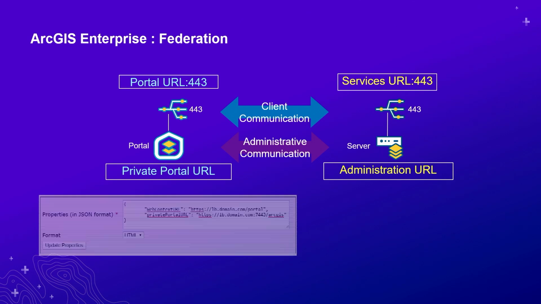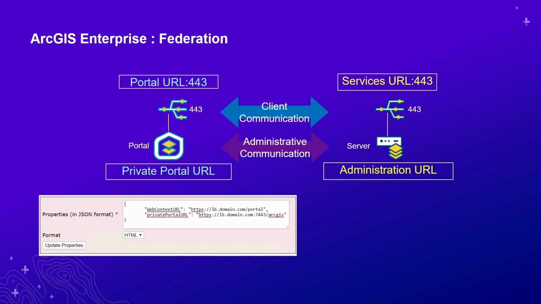Prior to federation, it's important to set the private portal URL within the system properties of the portal. For example, I'll set it to a URL that is highly available, such as through a load balancer. And this ensures that server can talk to portal even when one of the machines is down.